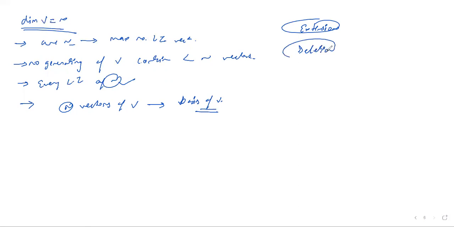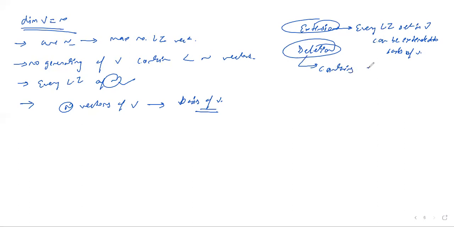In the extension part, I have said that every linearly independent set in V can be extended to a basis of V. And in the deletion part, I have said that every generating set of V contains a basis of V.